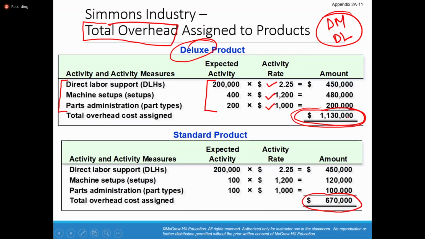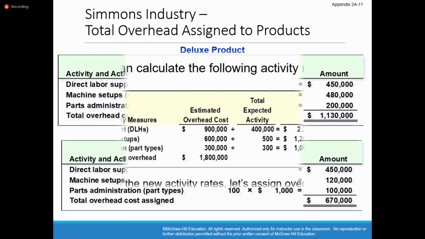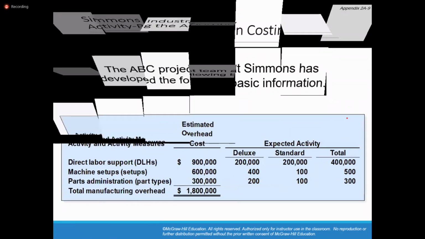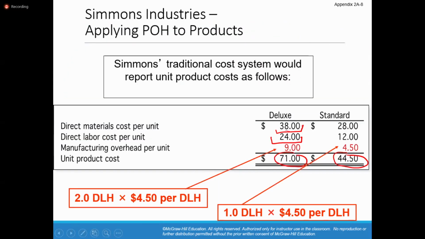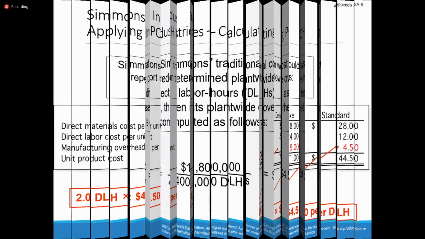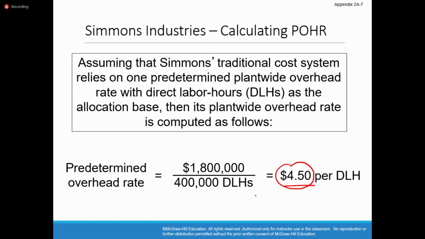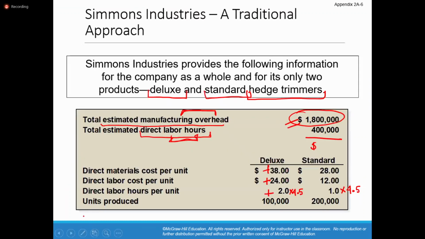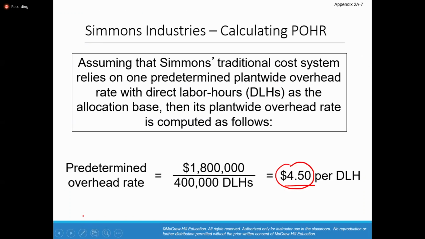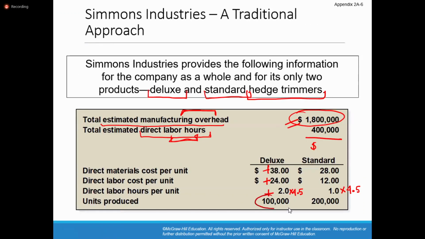Can you recall how many deluxe products would be produced? Here it is. Okay, you see, deluxe products will be produced in 100,000 quantity and standard products will be produced in 200,000 quantity.